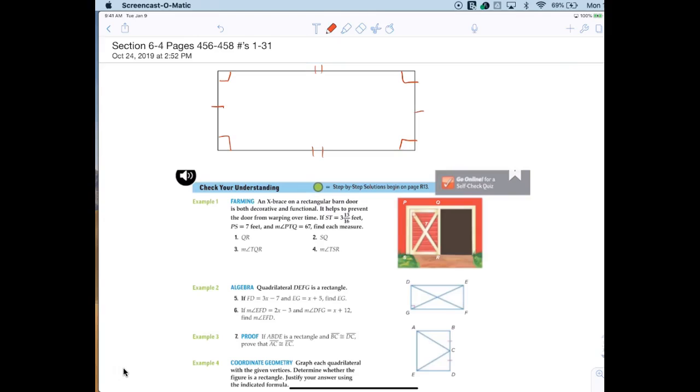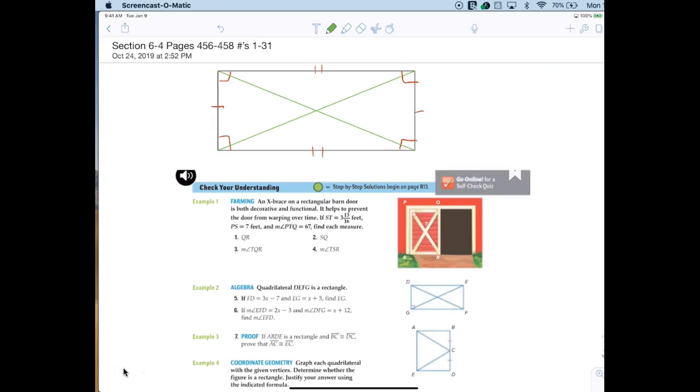Now, because you know that, you should be able to tell me something about the diagonal here and the diagonal here. First of all, what's true about the diagonals of a parallelogram? They bisect each other.